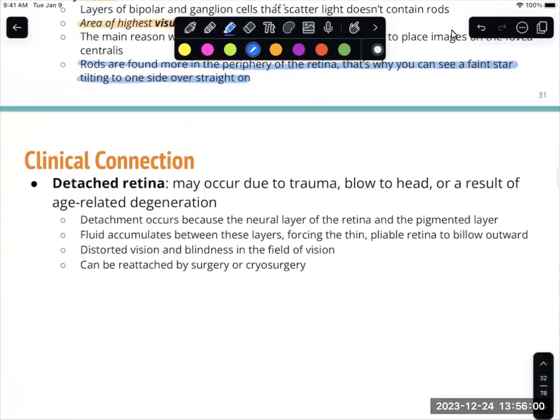A detached retina, something interesting. Some of this is age related, but it could be because of trauma to that eye, like somebody punched you in the head. That retina layer comes detached and folds over on itself. I've heard people describe it as a curtain closing over their eye.